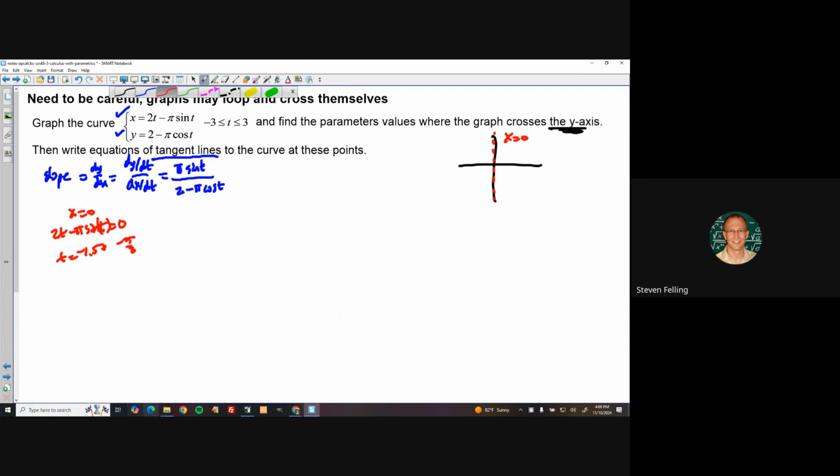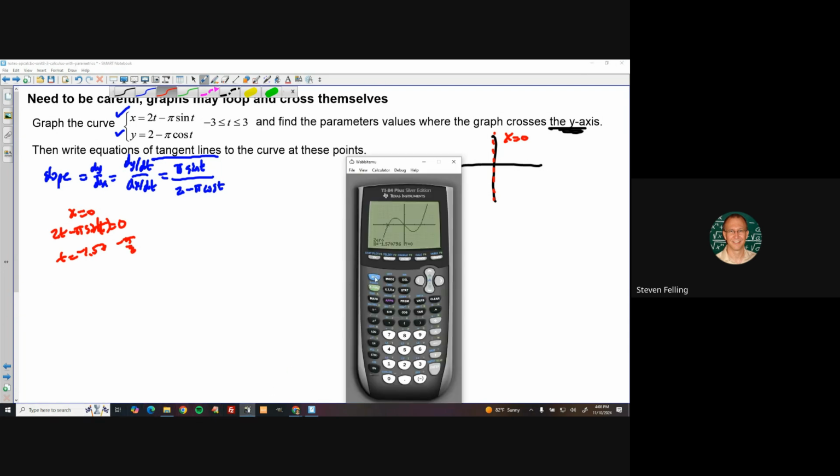Let's check that really quickly. If I find the other one, I think by symmetry it's the same, but let's verify that. If I go second trace on there, yeah, there's another 0.